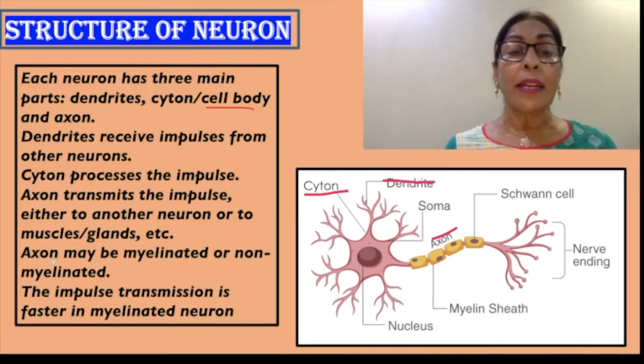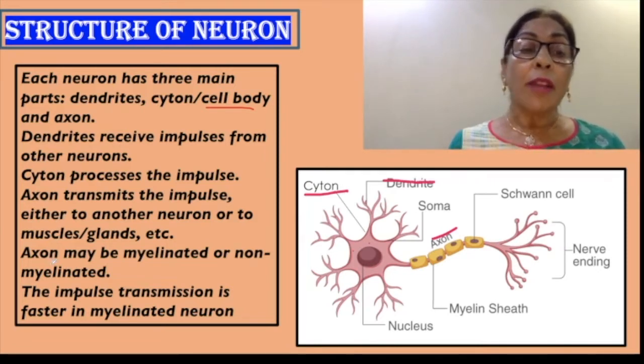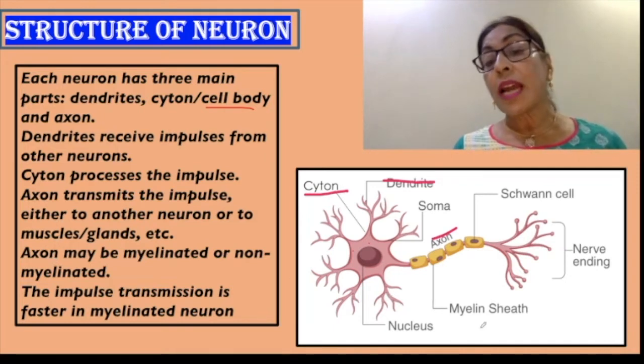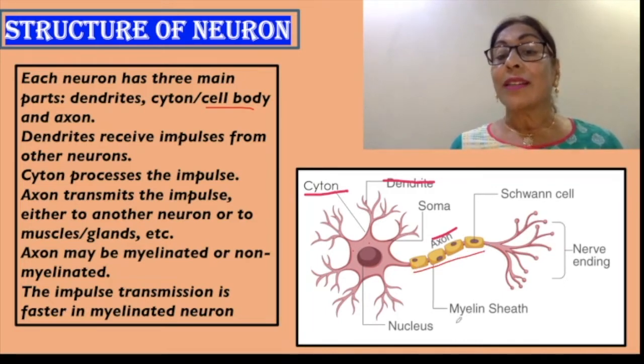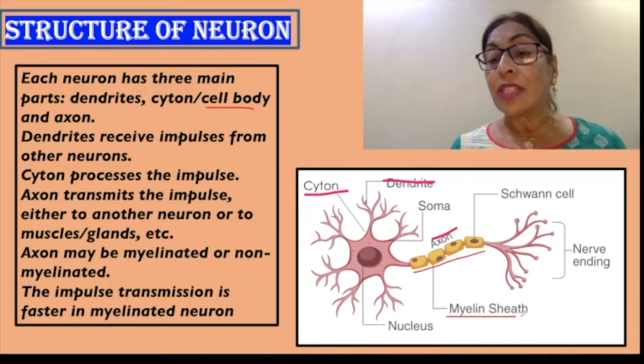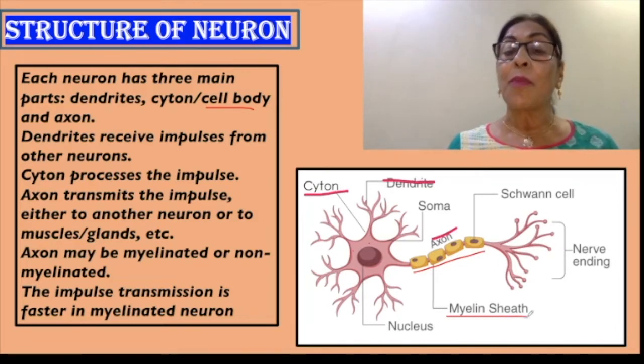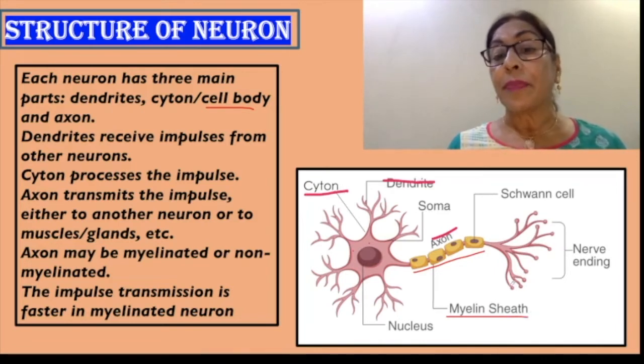Axon may be myelinated, may be non-myelinated. Now the question arises, what is myelinated? So you can see here this yellow colour structure. This is called myelin sheath. Myelin sheath is made up of an insulator. In between they have the nodes of Ranvier.